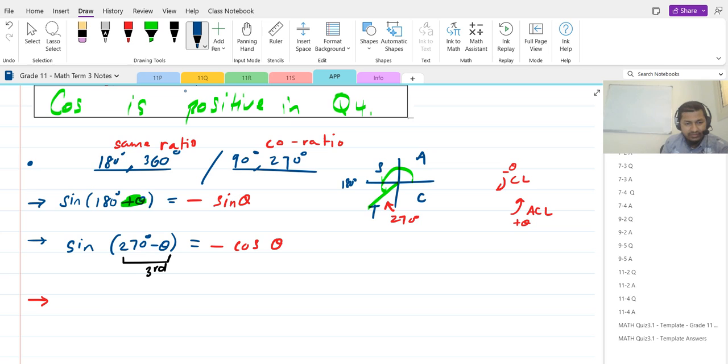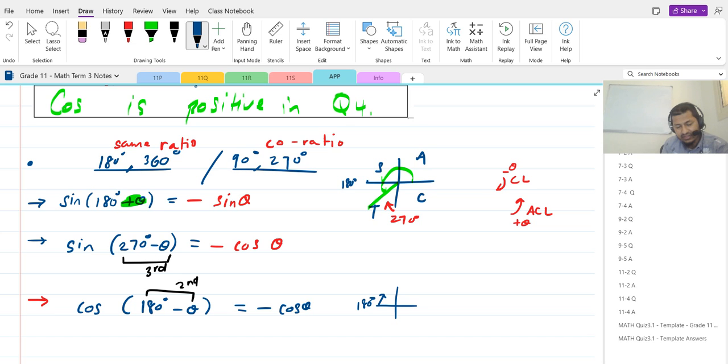Example, if I take cos of 180 minus theta. There's 180 here, and minus theta is in the second quadrant. So obviously we are in the second quadrant, right? In the second quadrant cos is negative, so it's basically negative cos theta.